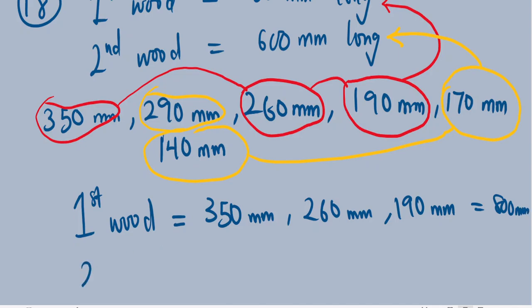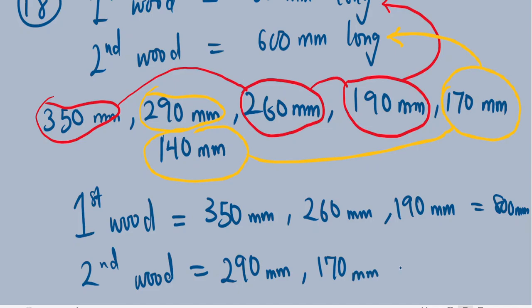And the second wood will be divided into 290 millimeters, 170 millimeters, and 140 millimeters. So this combination will give you 600 millimeters, and that gives you the correct way to divide the wood to get those divisions.